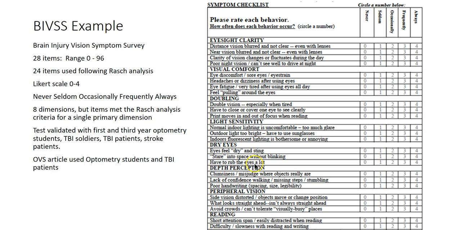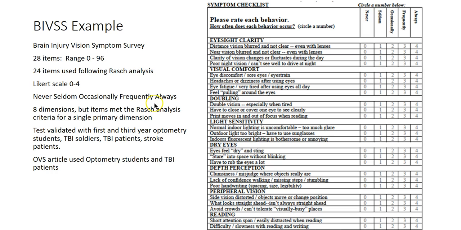There are 8 dimensions here, and 8 dimensions actually come out if you do the Likert analysis, pretty close to what these are. But we wanted to use a Rasch analysis because our data are ranked. However, they are also normally distributed, so it was perfectly reasonable to do a factor analysis. In the paper written in OVS, we did it both ways, and it shows the reasonableness of both arguments.